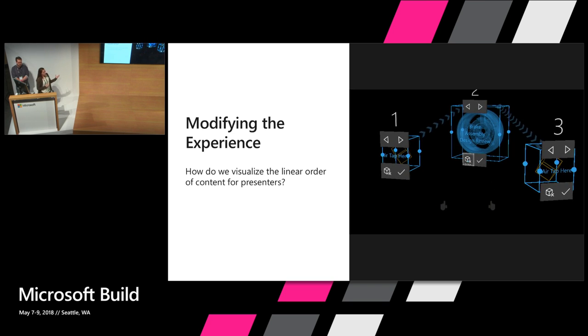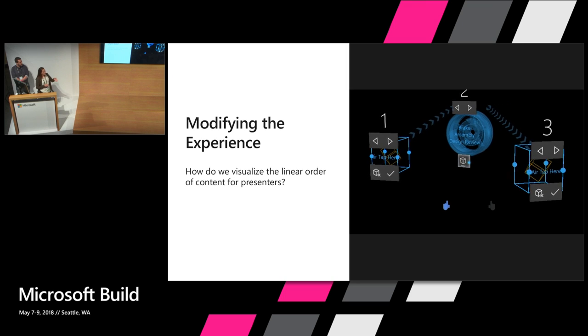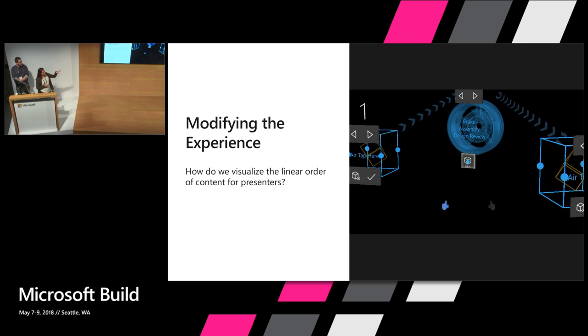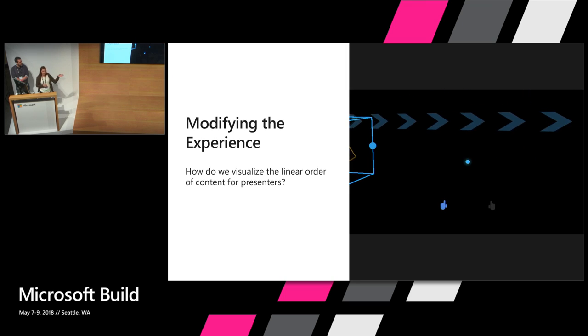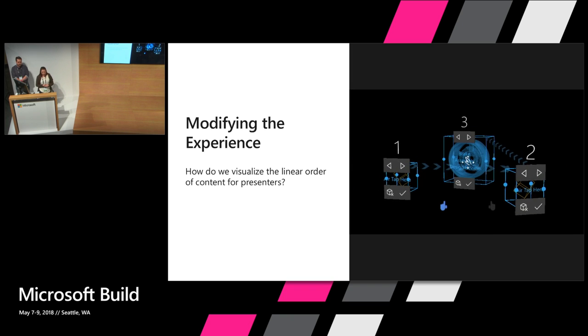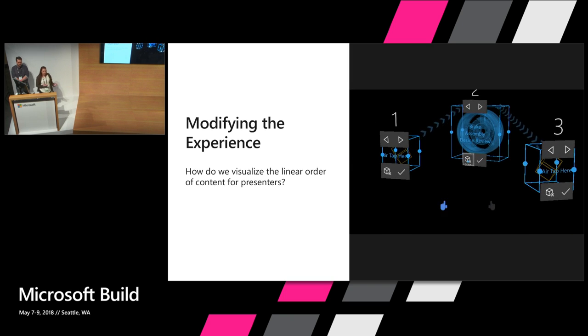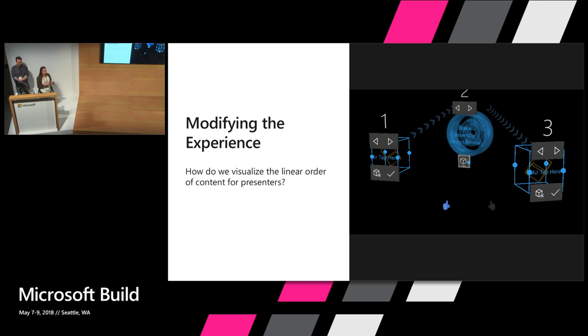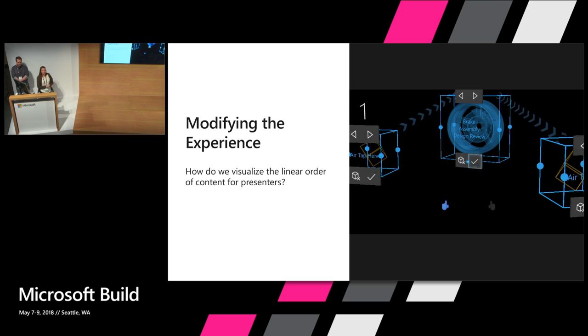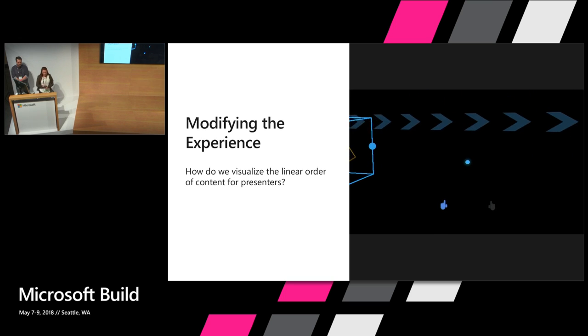We also reinforce that with a visualization of the flow through the different pieces. You can see there's an animated line that connects them in the order. This allows you to very quickly and easily make a change, see that order update, and get a really good sense of how your experience is going to flow through this 3D space.